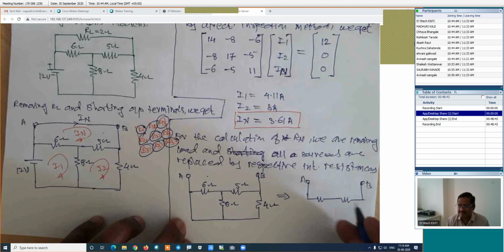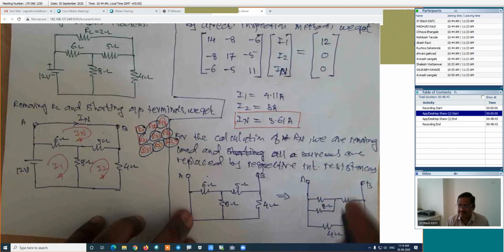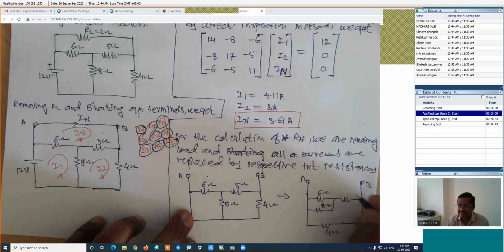If I shift this point directly here, it will become something like this. This is 8 ohm. Is it right? At the same time, this point will be here. This figure will be something like this. Here it is 4 ohm, this is 8 ohm, this is 6 ohm, and this will be the 5 ohm.